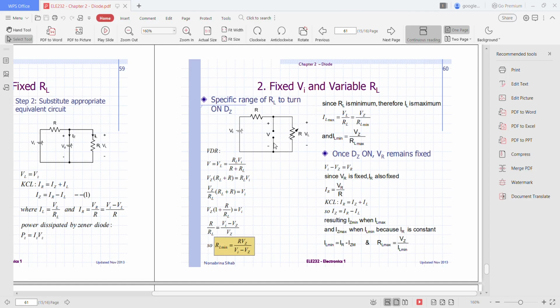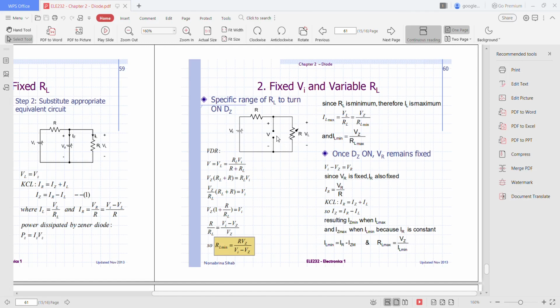To determine the minimum load resistance in this figure that will turn the Zener diode on, simply calculate the value of RL that will result in a load voltage VL equal to Vz.